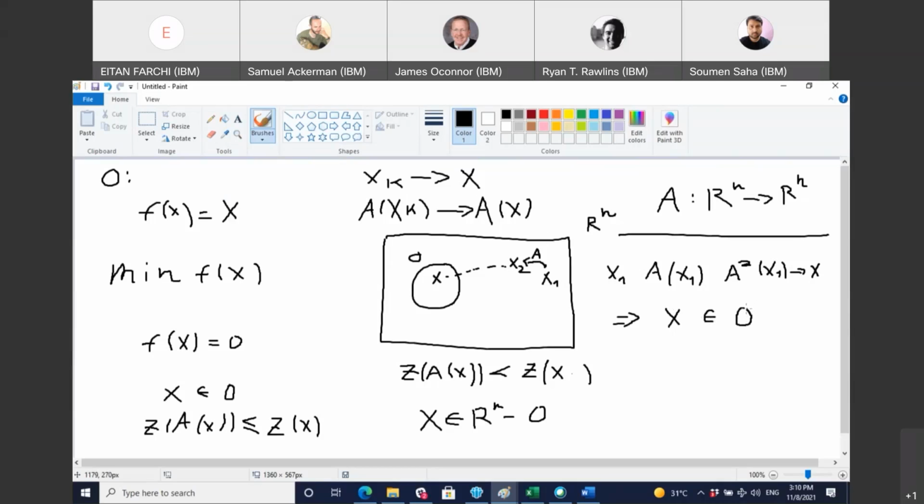Okay, so that's the setup. Any questions on the setup before I show you why this is correct?